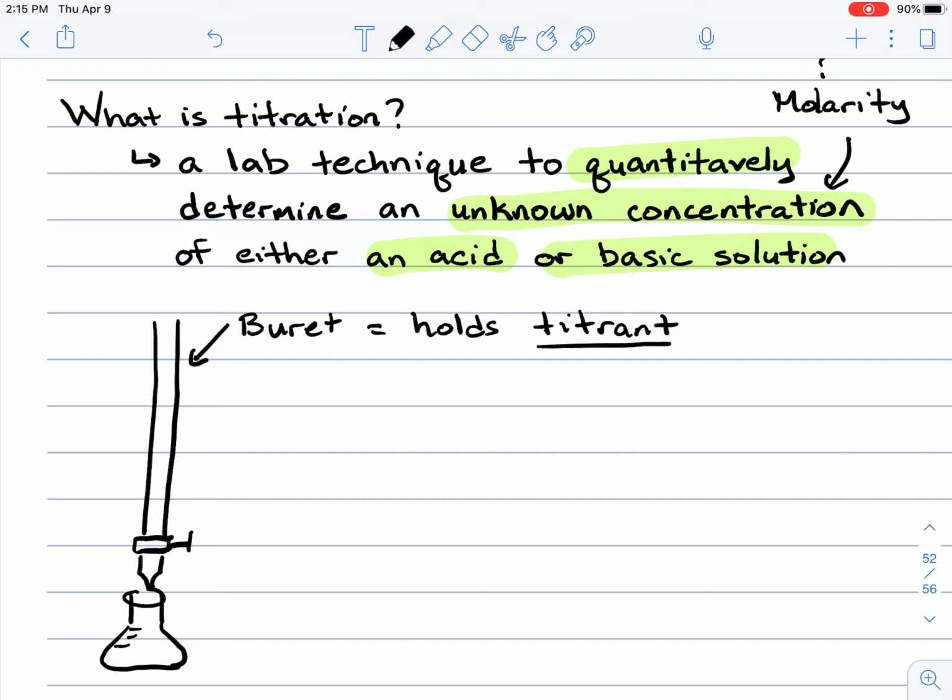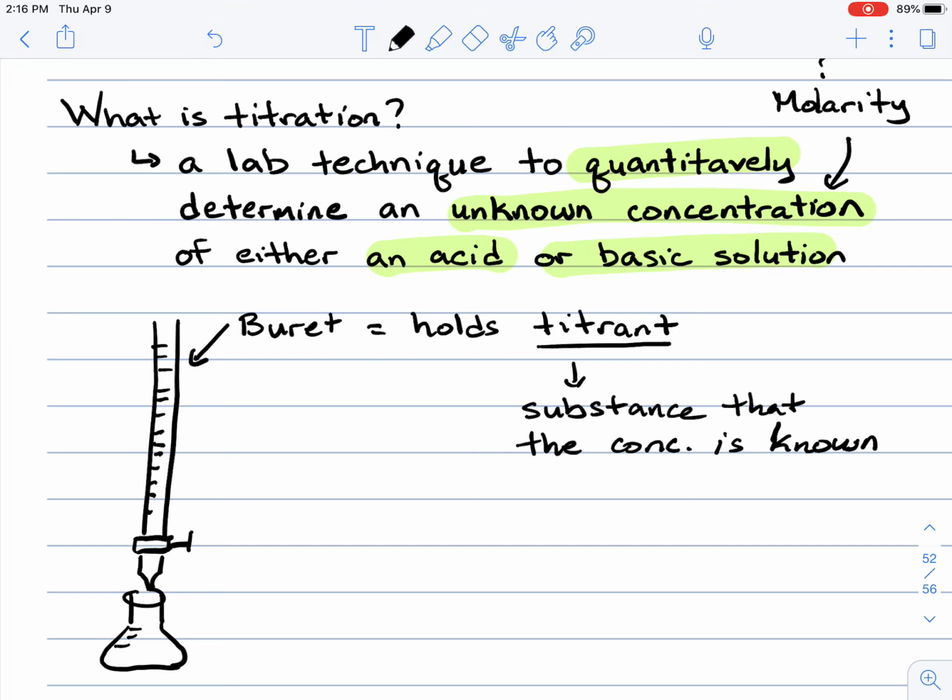The titrant is typically the substance that the concentration is known, or standardized. Hopefully you guys were able to standardize an acidic or basic solution in the first semester of general chemistry. This burette is graduated, in other words, there's increments. When you fill up this burette, you typically fill it up close to the very top.